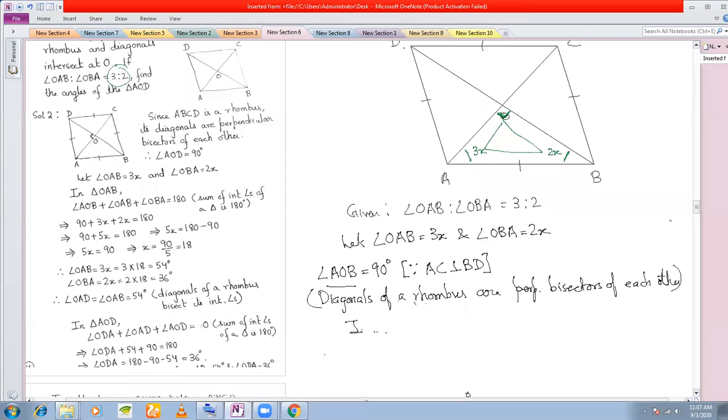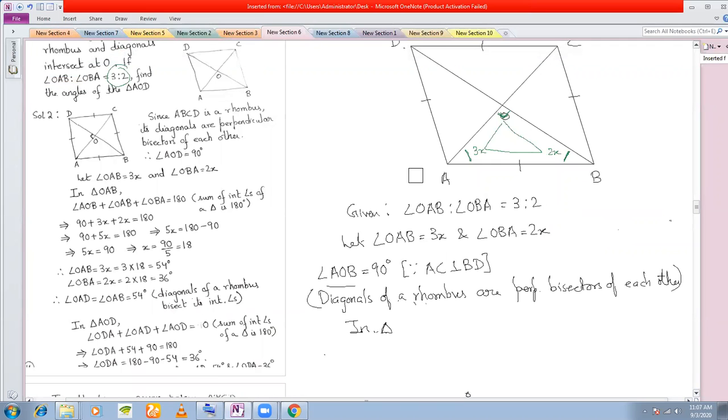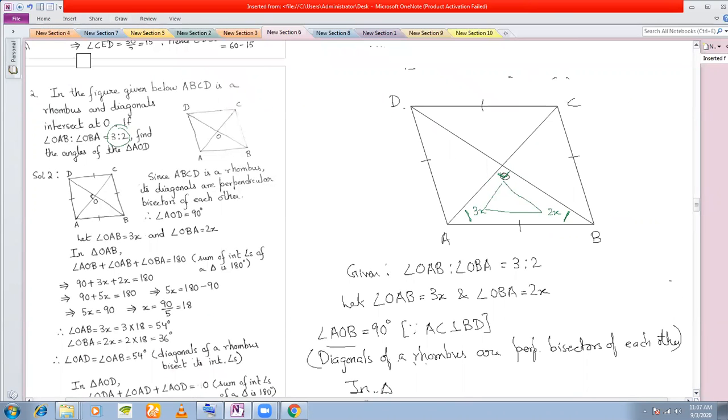So we start by saying in triangle AO. Oh, you need to find the angles of the triangle AOD, not AOB. You need to find out the angles of this triangle actually.